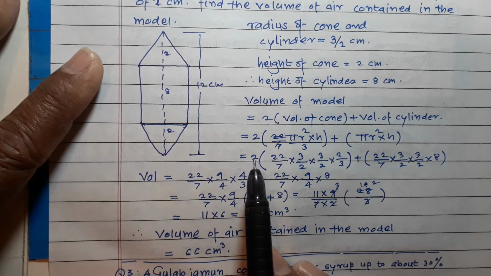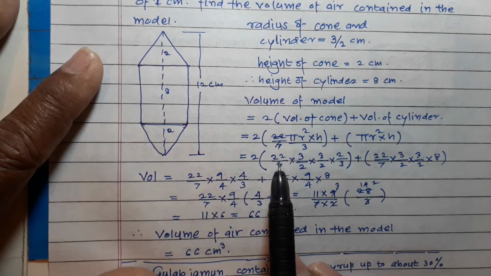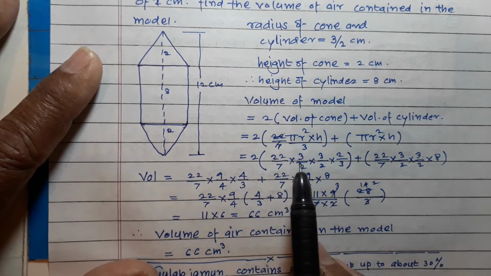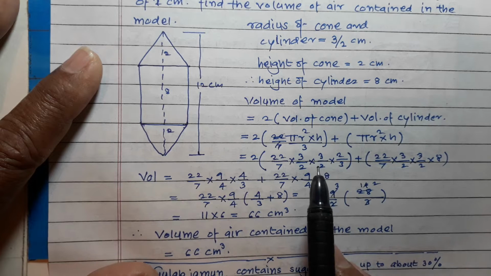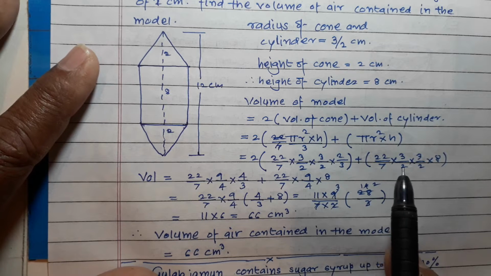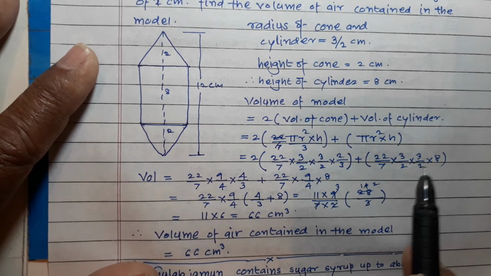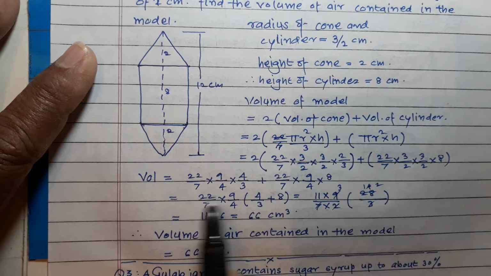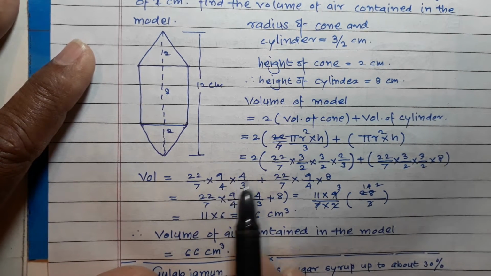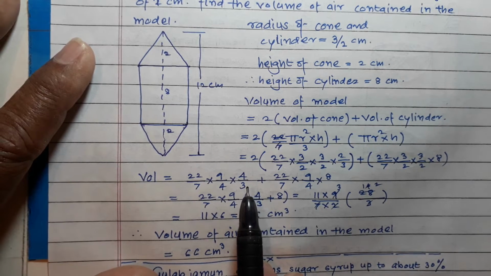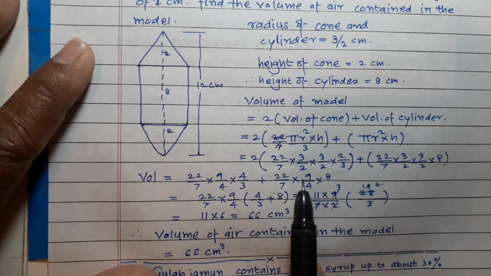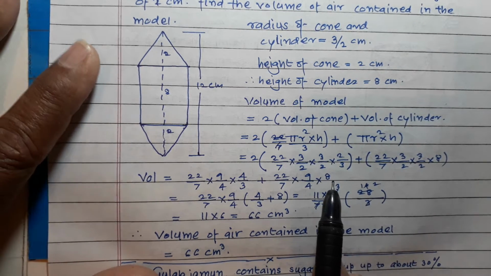So it is equal to 2 into 22 upon 7 into 3 upon 2 into 3 upon 2 into 2 upon 3 plus 22 upon 7 into 3 upon 2 into 3 upon 2 into 8. Simplify this: 22 upon 7 into 9 upon 4 into 4 upon 3 plus 22 upon 7 into 9 upon 4 into 8.